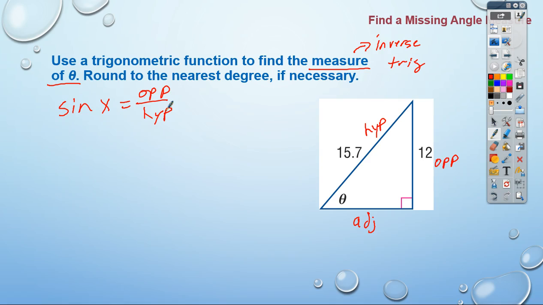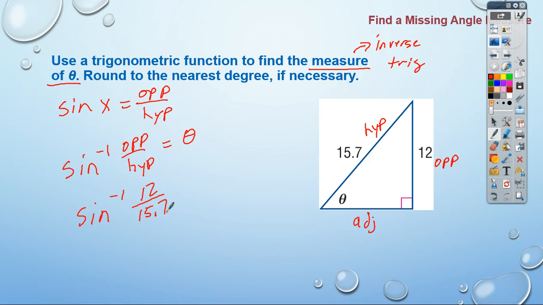So that's when I know, oh, I need to use inverse sine of theta. And instead of inverse sine of theta, what I input is the opposite over the hypotenuse, and that will get me my theta. All right, so what is opposite over hypotenuse? So I put this in my calculator, sine inverse of 12 over 15.7.